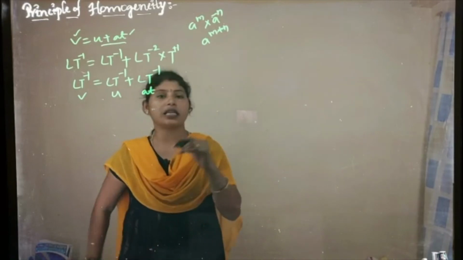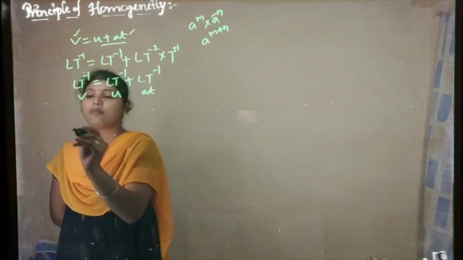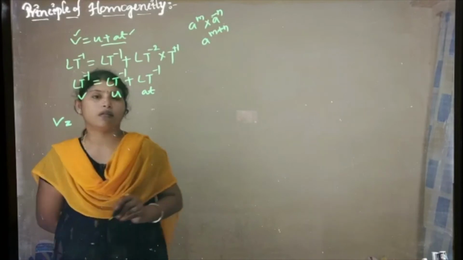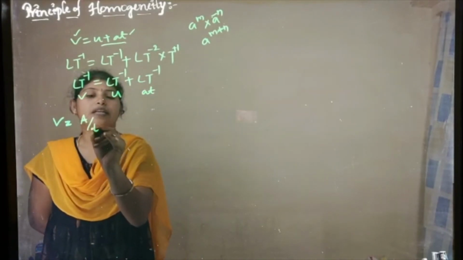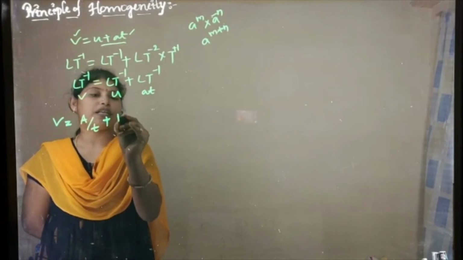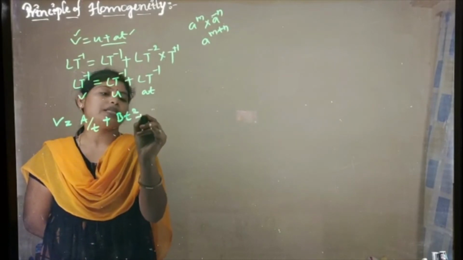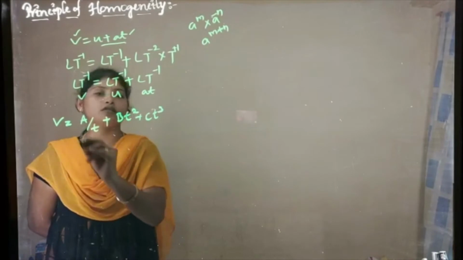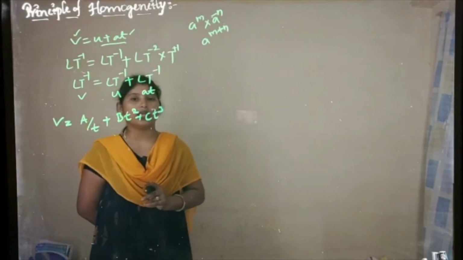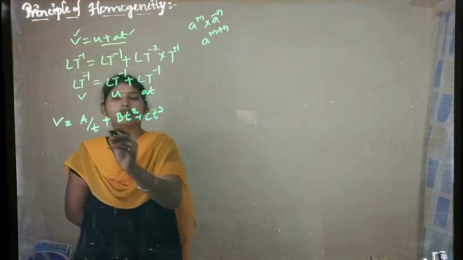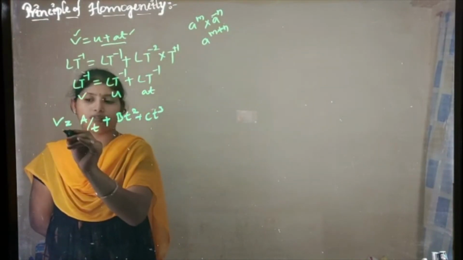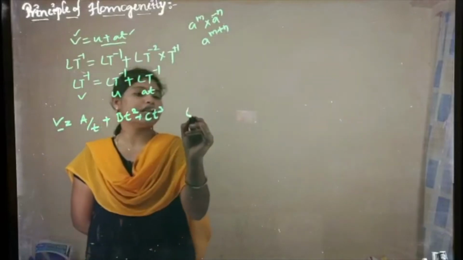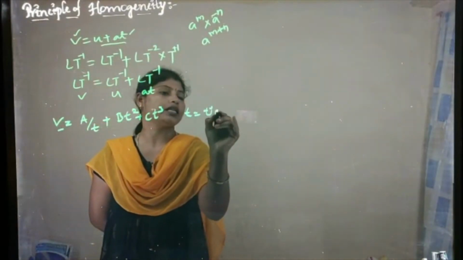Let us consider one problem, for example, v equals a by t plus b t square plus c t cube. This is one physical relation. Here v is velocity and t is time.